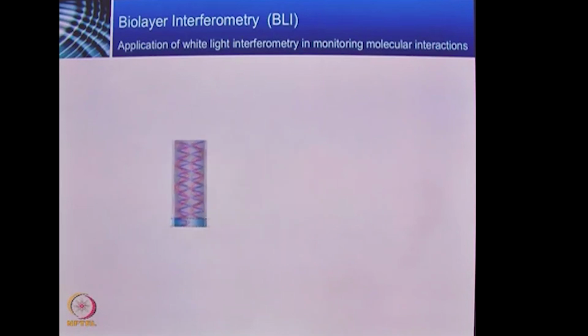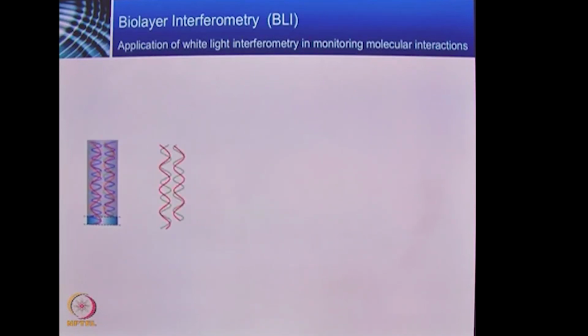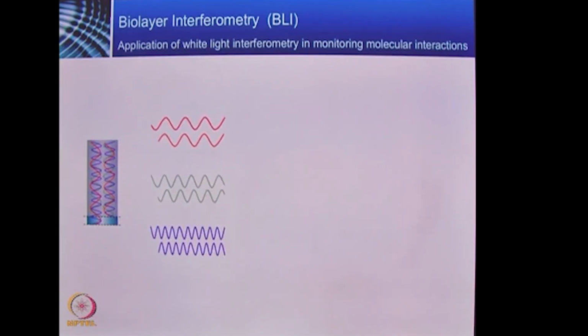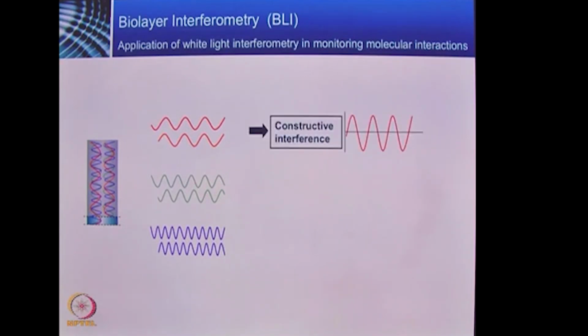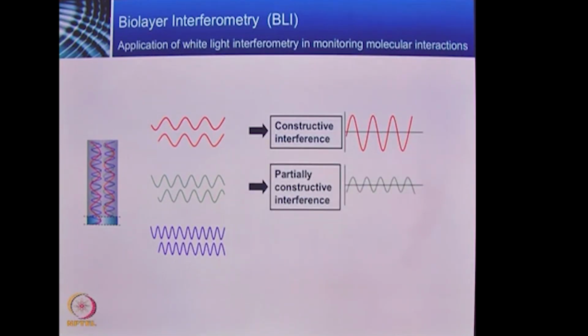Since white light has light at different wavelengths, the two reflected beams will interact with each other. Some wavelengths will show constructive interference, some will show partially constructive interference, and some will show negative or destructive interference.